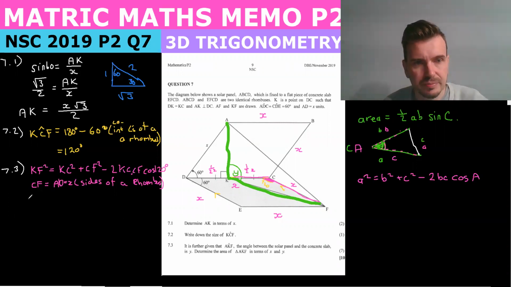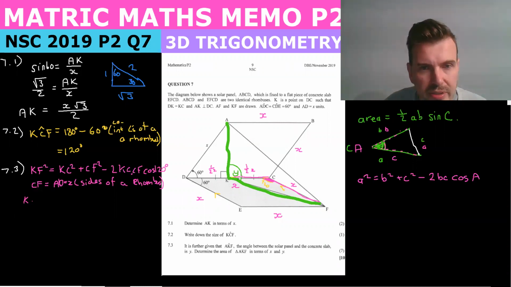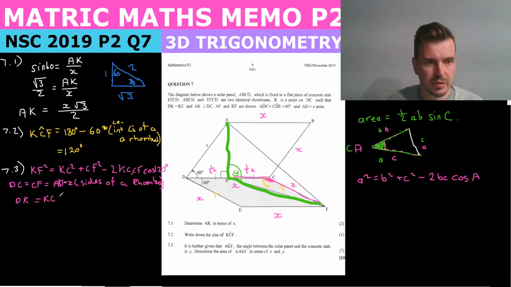And we know that KC, let's get DC as well, so that we know that these are all equal to x, and then we can say DK equals KC equals a half x, and that was given.